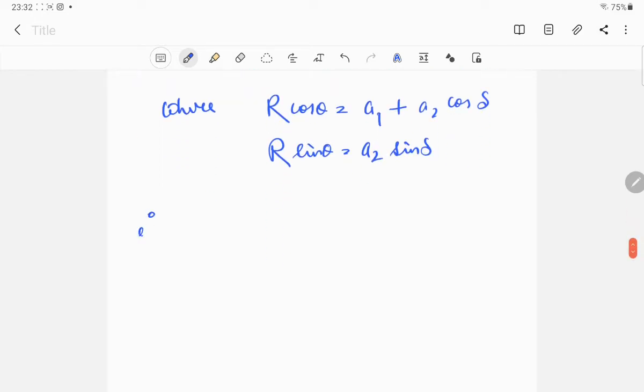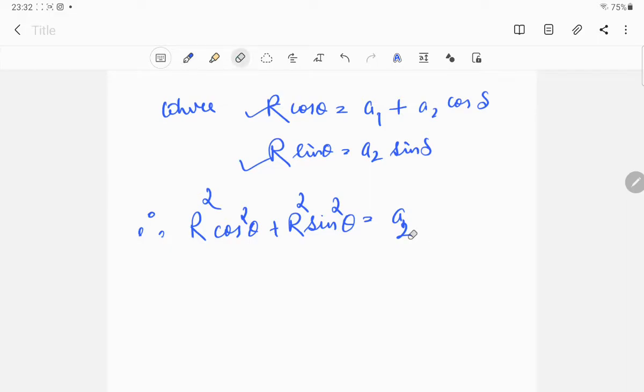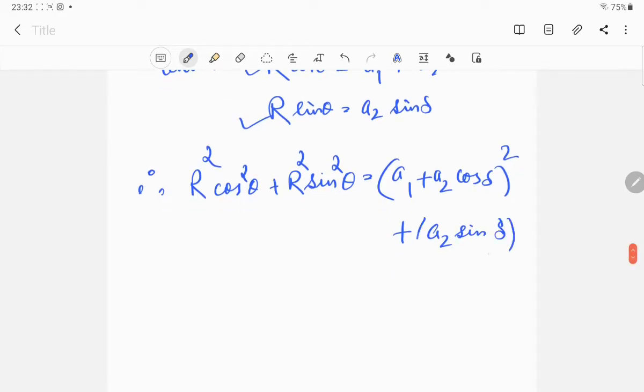Okay, so therefore we can square this thing and this thing. So it will be r square cos square theta plus r square sine square theta, which will be (a1 plus a2 cos delta) whole square plus (a2 sine delta) whole square.